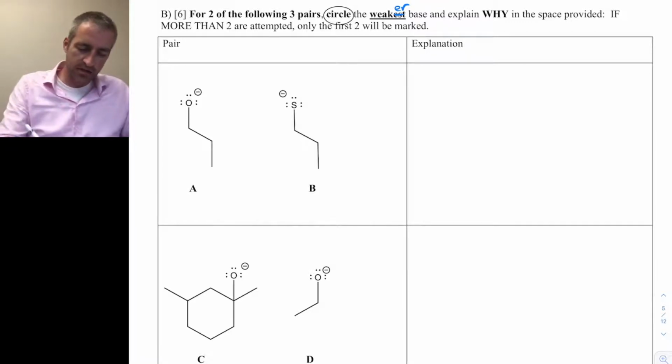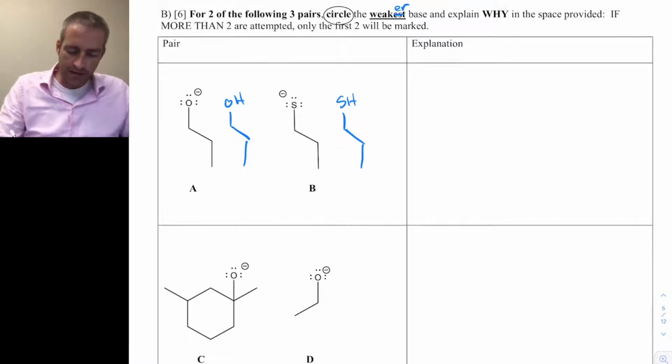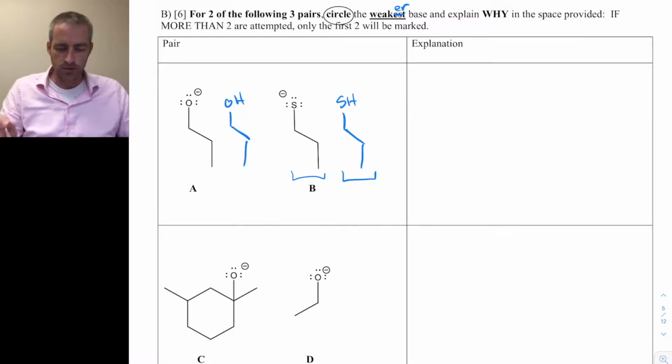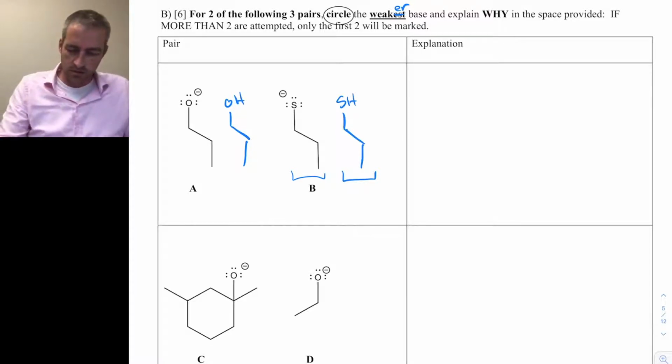If you think about their conjugate acids, this one is going to have an OH, this one is going to have an SH, right? Stronger acid would be SH, meaning its conjugate base is going to be a weaker base. That's because S is a larger atom than oxygen. It can better handle charge compared to oxygen, because sulfur and oxygen are in different rows of the periodic table. So how would I describe this?